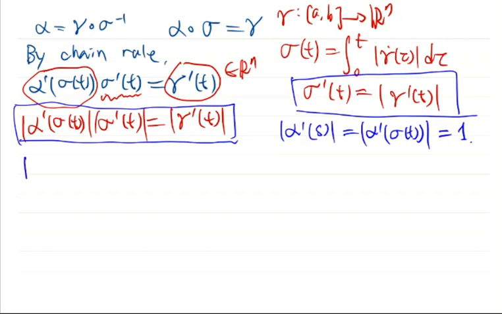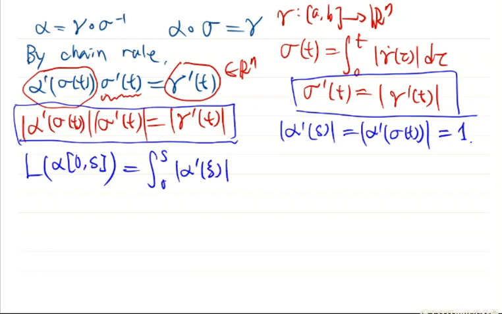Therefore, the length of the curve from 0 to s is the integral from 0 to s of the norm of alpha prime of c dc. So this is precisely s.